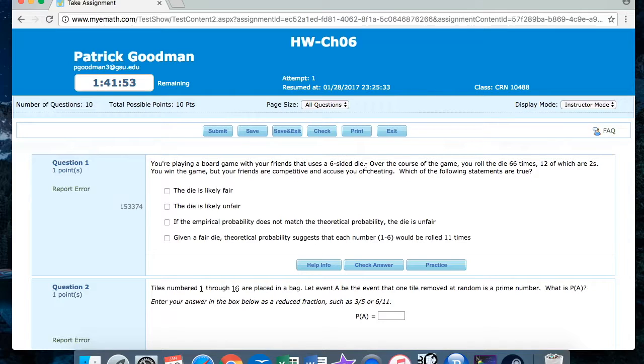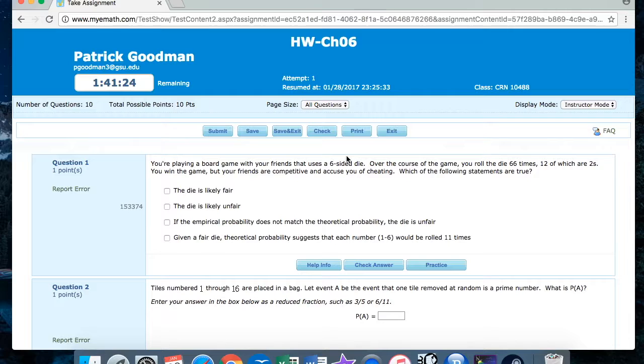Going by the empirical rule, or our theoretical probability, or empirical probability, all of them should suggest that with 66 rolls, each of these numbers should appear approximately the same number of times, give or take a few. So we should have an approximately uniform distribution across all of the possible outcomes.